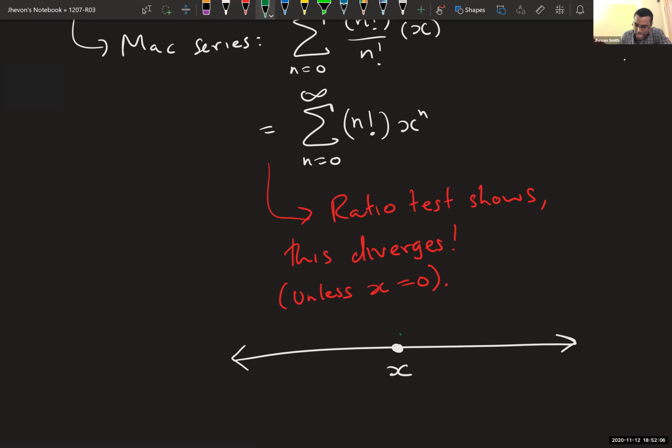So you have a Taylor series that literally only works here. Okay, not very useful. You're just telling me at x equals 0, the output is 0. Whoop-de-doo, doesn't really tell me anything.